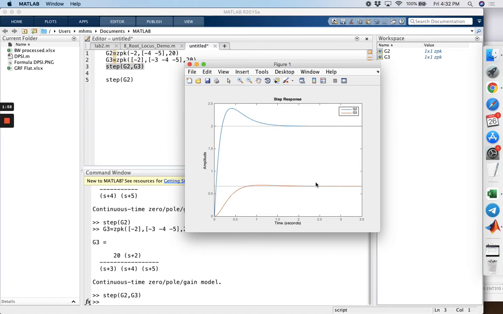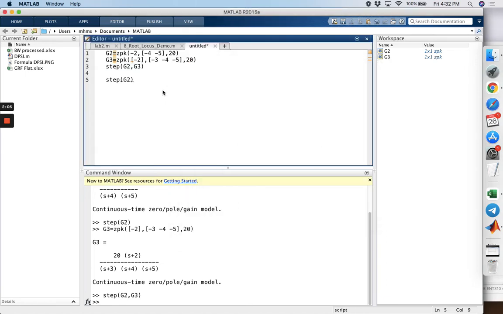So you cannot compare these two graphs, because the amplitude is different. What you should do is compensate for the amplitude. How to compensate the amplitude? Now you have added a pole at -3, so you need to compensate for the amplitude by multiplying by 3.